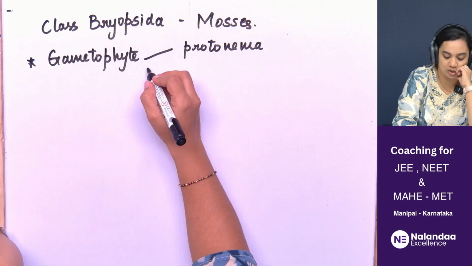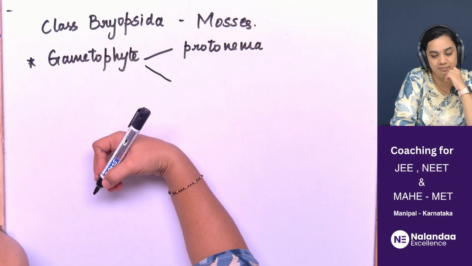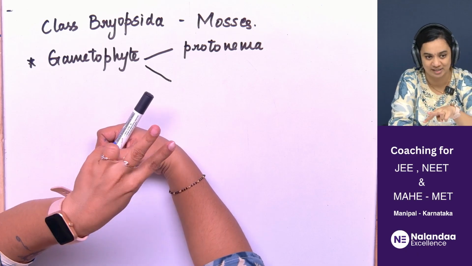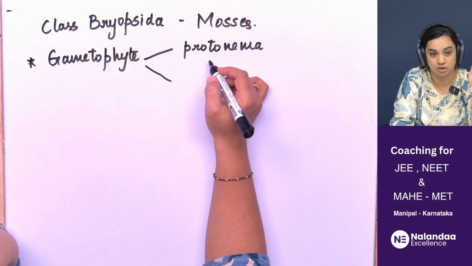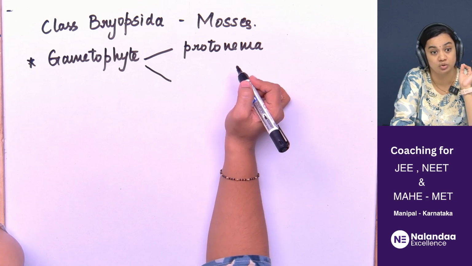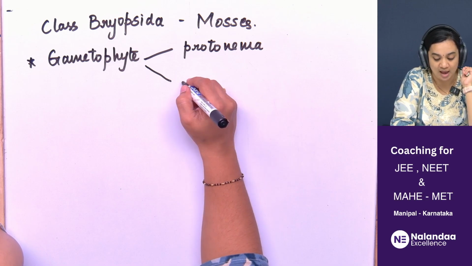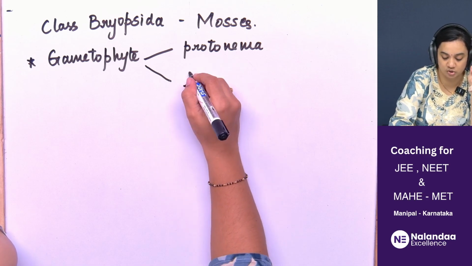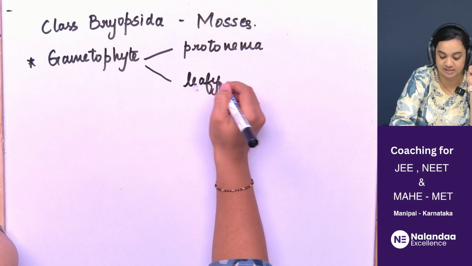Okay. So now, in case of class Bryopsida, the gametophyte phase is actually divided into two stages. The first stage is called the protonema stage, the juvenile stage, and then comes the adult stage, which is the leafy stage.